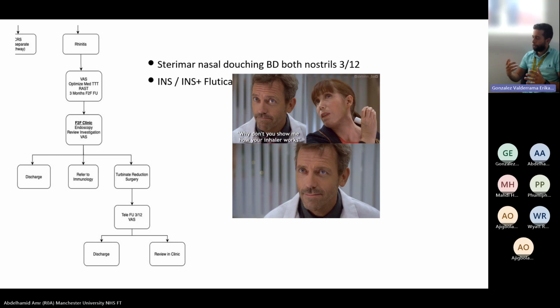I always use a pen to show them. Aim the nozzle towards the ear. If you're doing the other side, they swap hands and again aim towards the ear. Not up, because most people think the nose goes up, but the nose goes back, so always tell them to aim towards the ear.